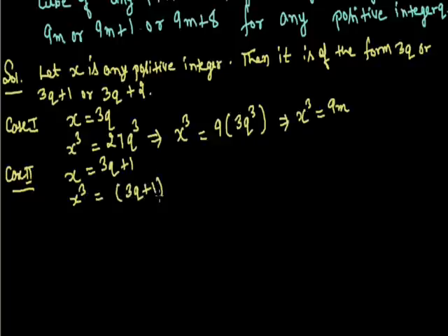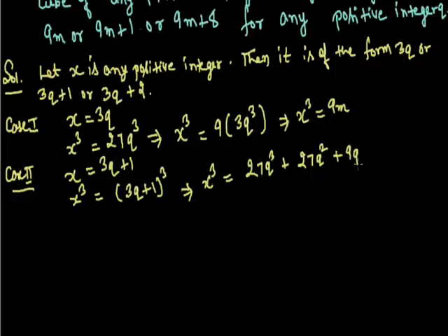Again cubing both sides, x cube equal to the whole cube of 3q plus 1, which is equal to 27q cube plus 27q square plus 9q plus 1.